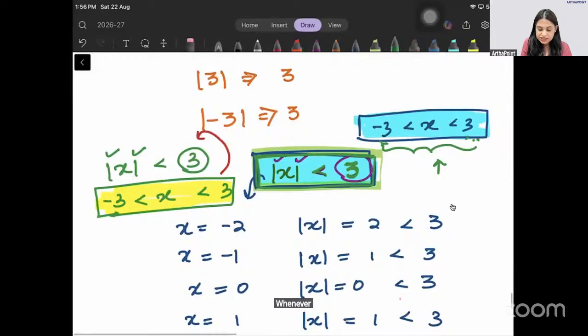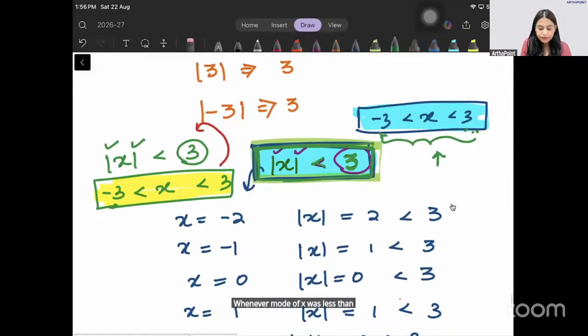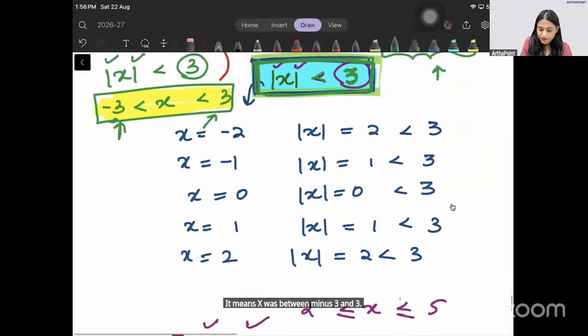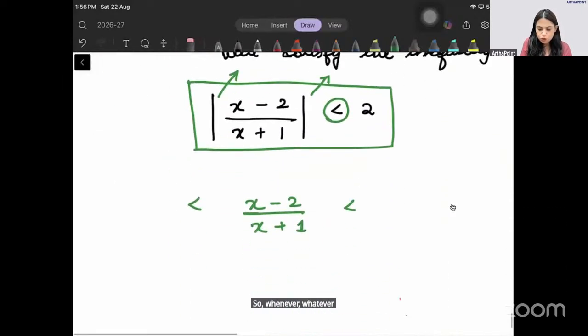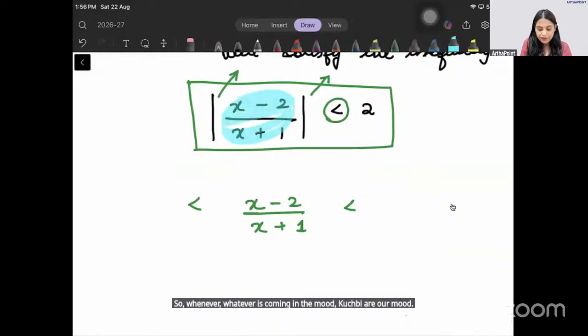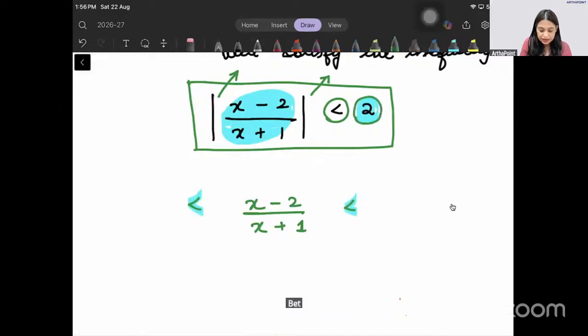Whenever |x| was less than 3, it means x was between -3 and 3. So whatever is coming in the mod, whenever it is less than this number, that means it will be lying between the negative of this number and this number. So it will be between -2 and 2.